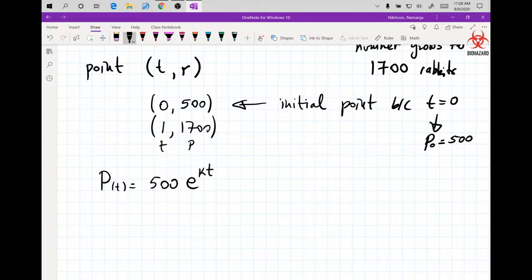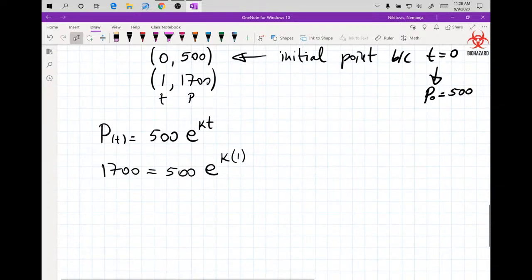So now we're going to say 1700 is equal to 500 e to the k, because t is 1. There we go. So now you would divide 1700 by 500.